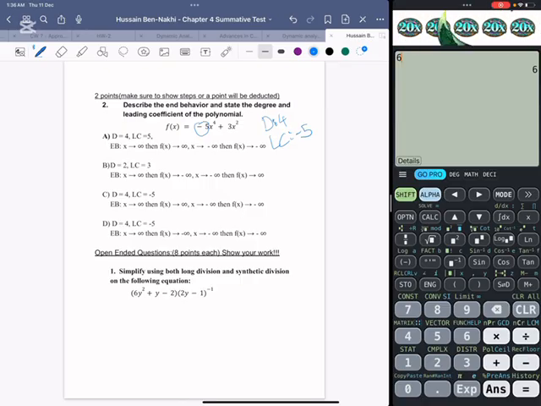So we can already cancel out A because it has only 5, doesn't include the negative, and B because the degree is 2 and leading coefficient is 3, which is just wrong. Now for C and D, to find out what the end behavior is, we look at the graph. If you plug the equation into the graphing calculator, you'll see that the graph will be something like this.